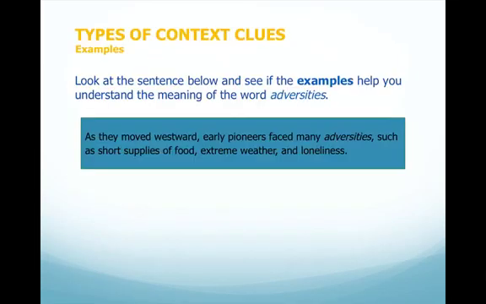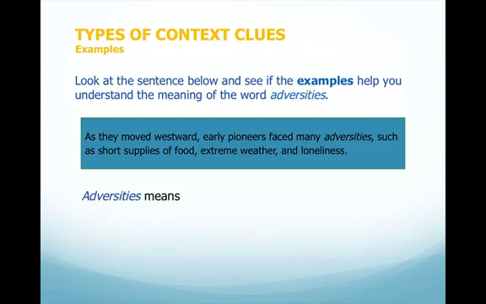Now, another type of context clue is the example clue. Have a look at this sentence below and see if the examples that are given help you to understand the meaning of the word adversities. As they moved westward, early pioneers faced many adversities, such as short supplies of food, extreme weather, and loneliness.